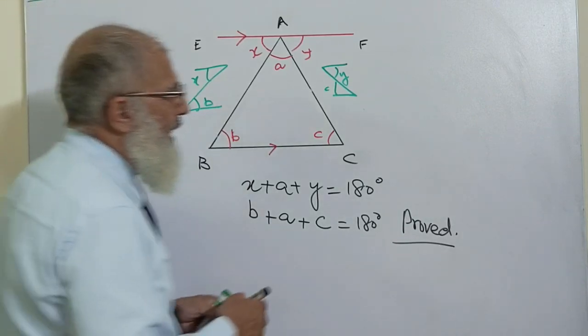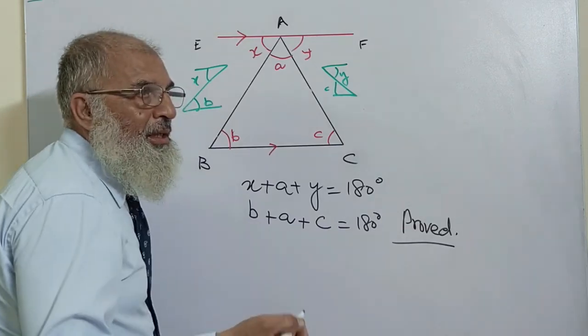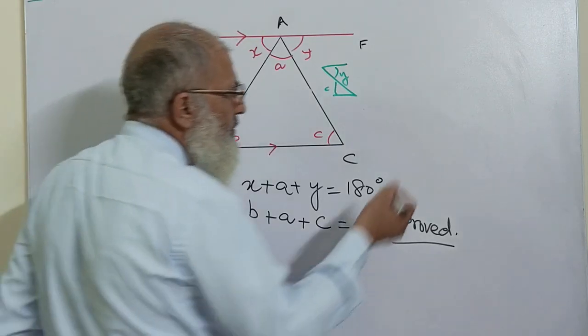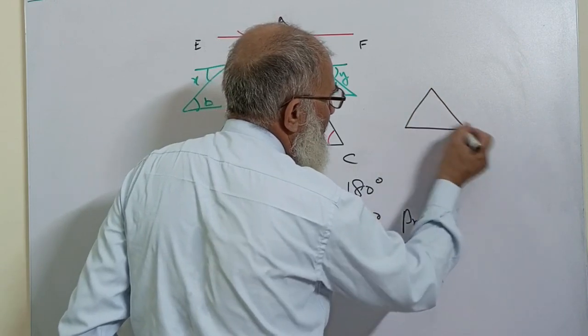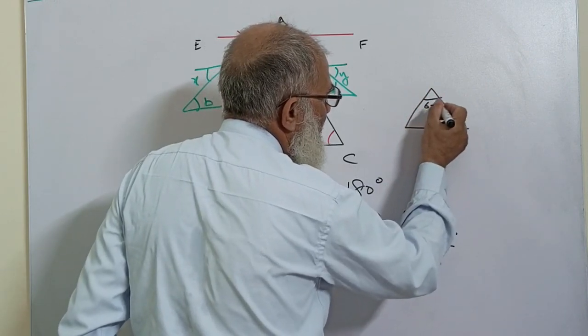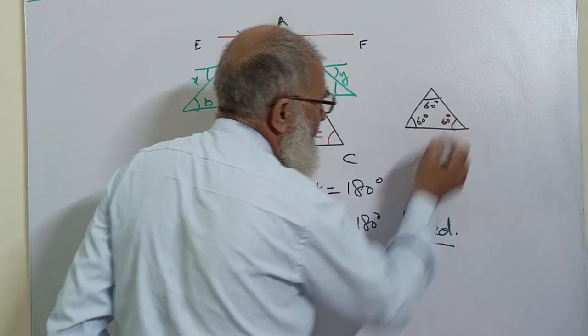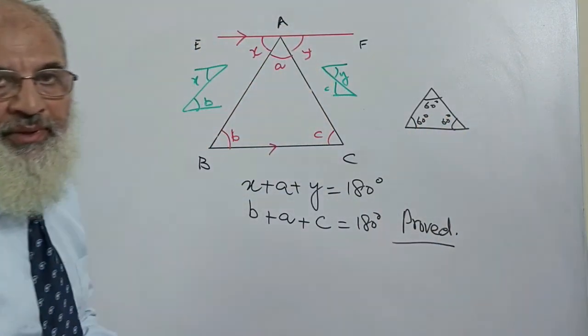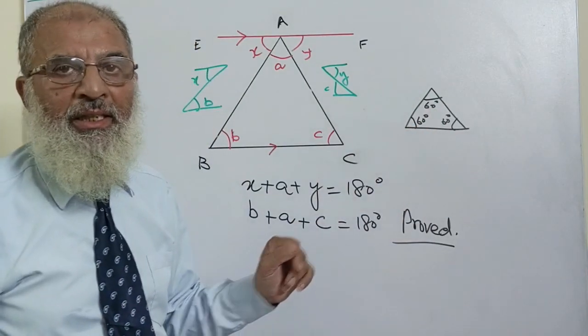And in the equilateral triangle, we have seen that all the angles were 60 degrees.